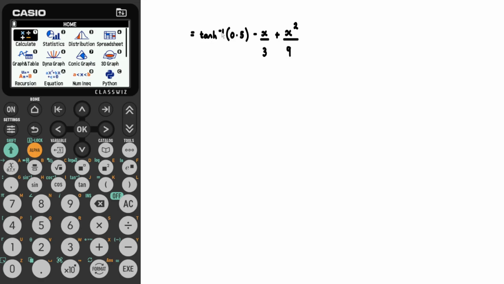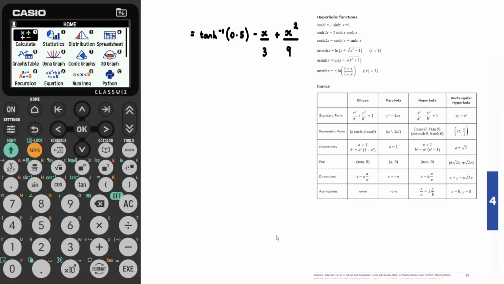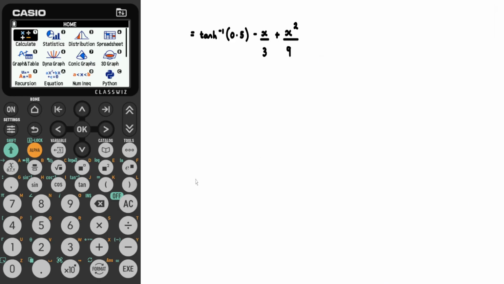The inverse hyperbolic tan of 0.5 can be determined using the formula a half times the natural log of (1 plus x) over (1 subtract x).